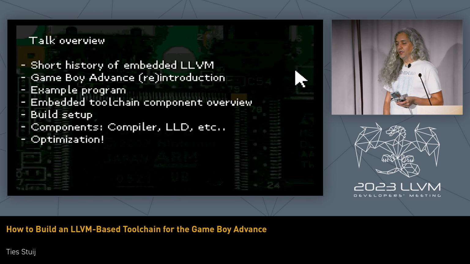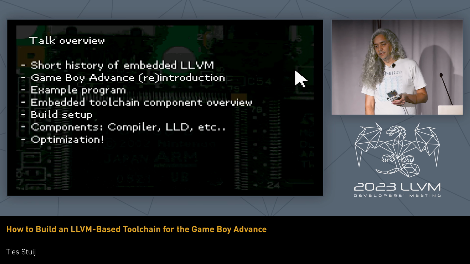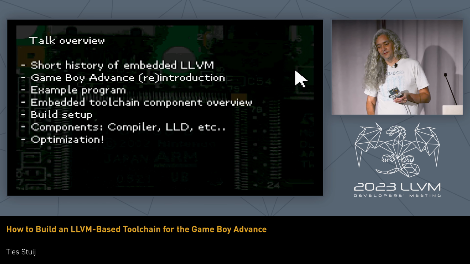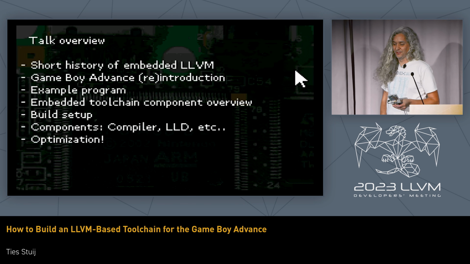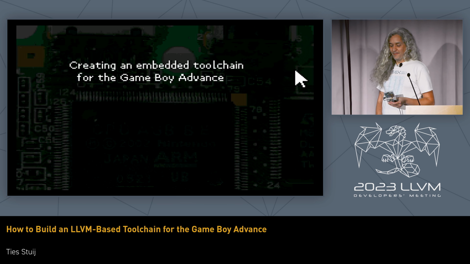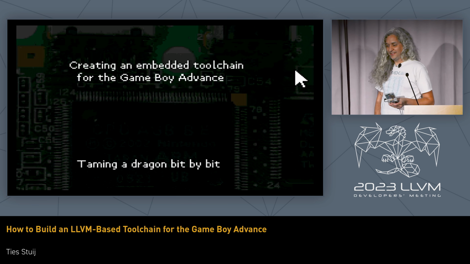We'll do an overview of these components and the build setup. We'll work the gamut, and at the end, for funsies, optimization, because it's really fun to do optimization on the Game Boy Advance.